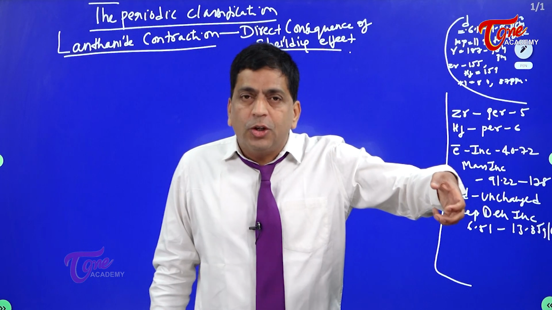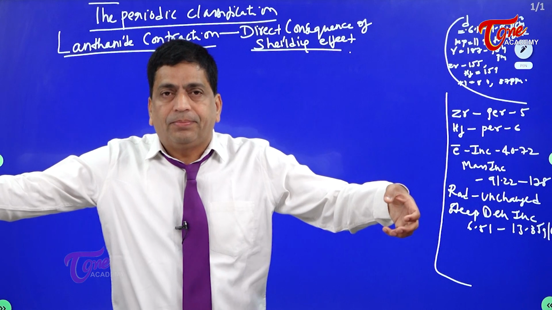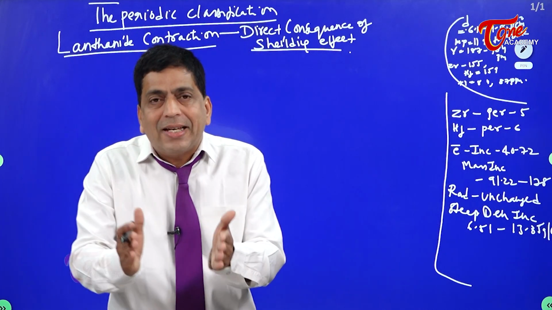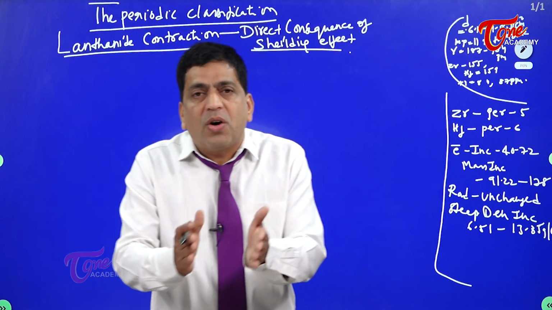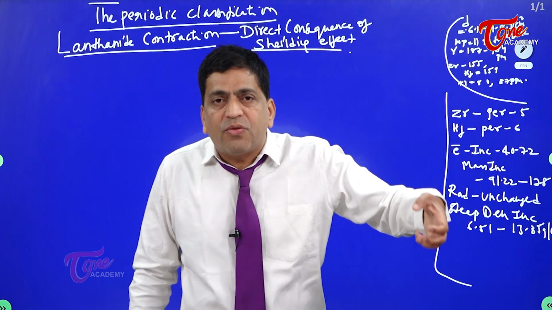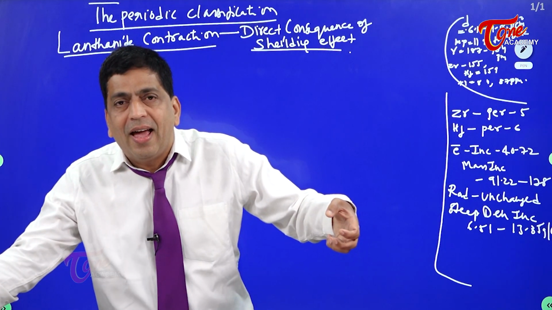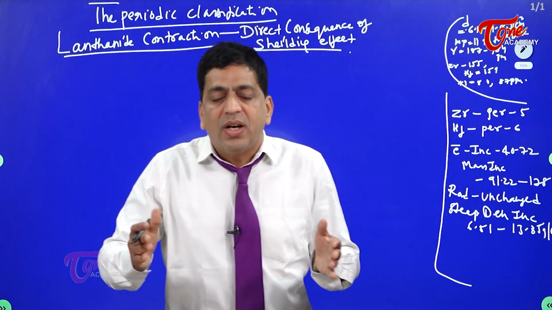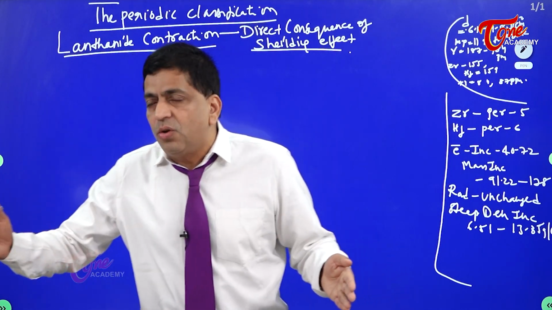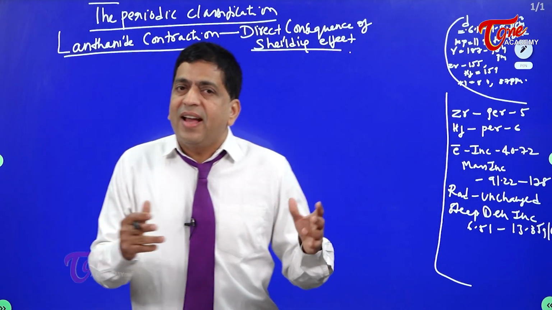If in between a nucleus and the outermost shell, the number of shells go on increasing, then the nuclear force of attraction that is falling on the outermost shell will decrease, because the electrons in between the nucleus and the outermost shell are shielding the nuclear force of attraction.